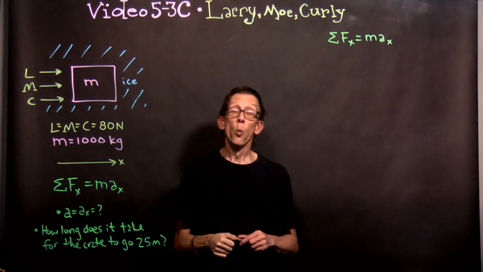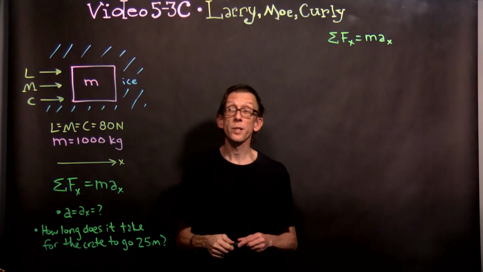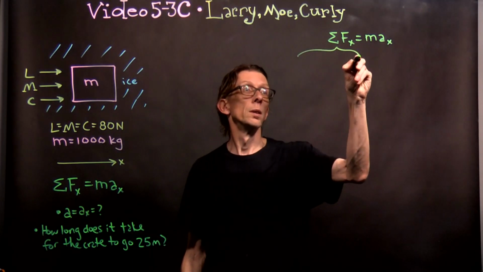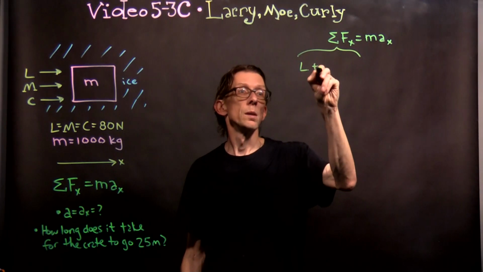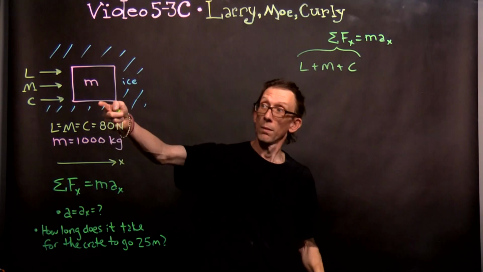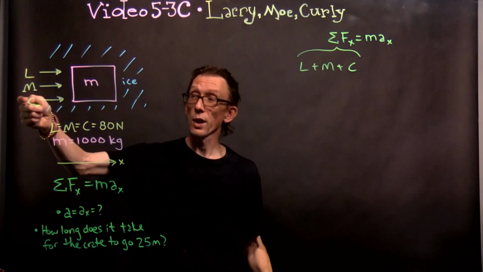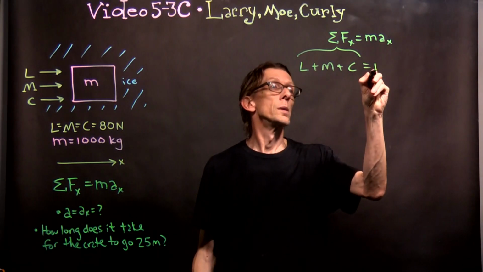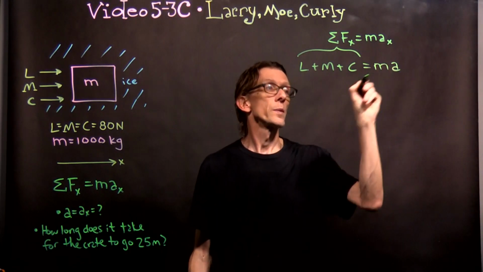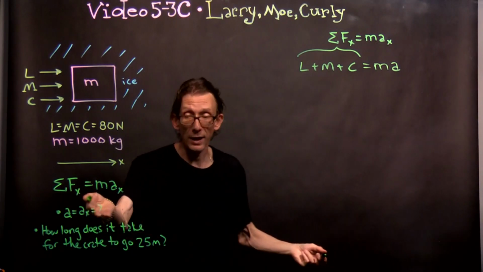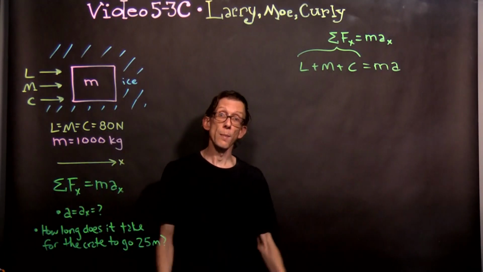Okay. So, what is the sum of the forces? Well, the sum of the forces in the X direction is simply L plus M plus C. There are three forces in the X direction. They are all positive, and that's going to equal M times A. And I can drop the subscript X now because A is equal to A sub X. So might as well just not worry about specifying.